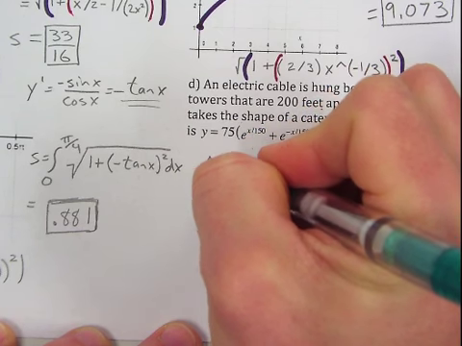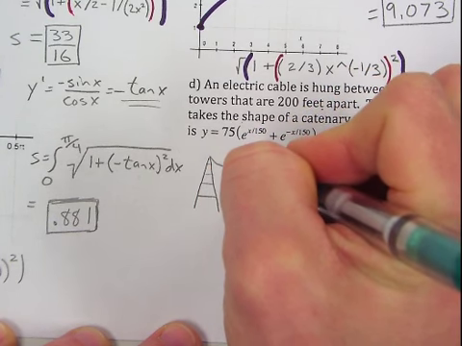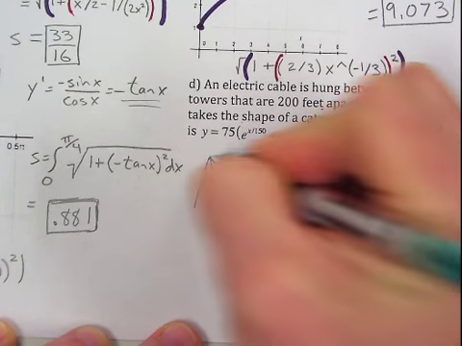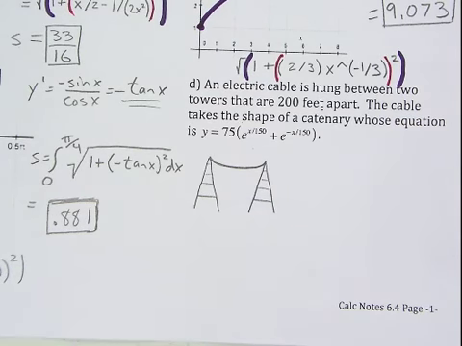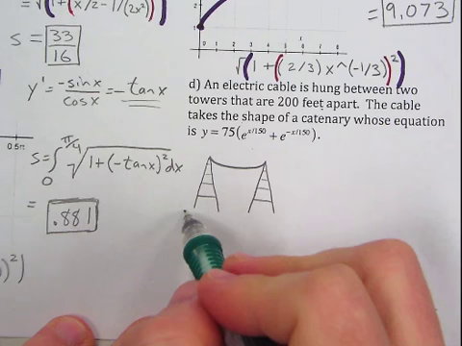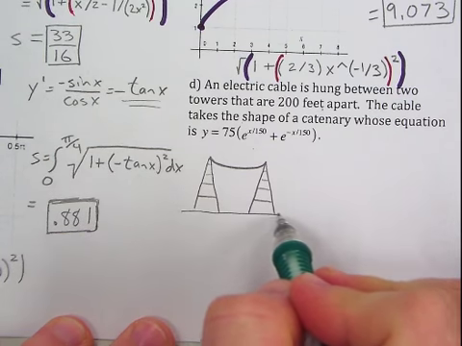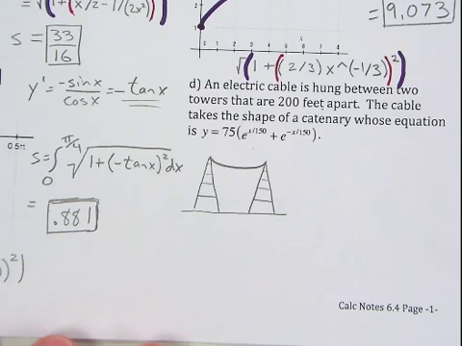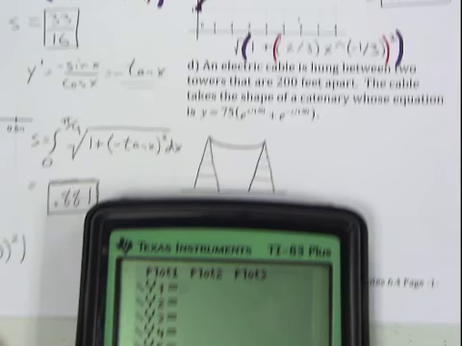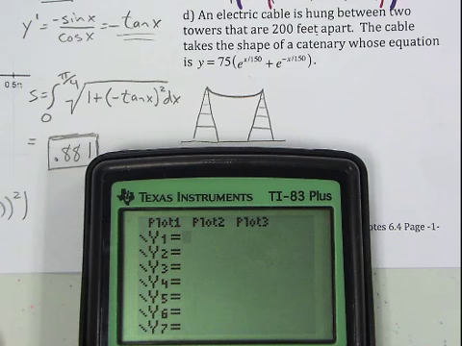Okay, so there's your cable. Now let's go ahead and graph this. We want to see what it looks like. So we got 75, because we need to figure out our limits of integration.